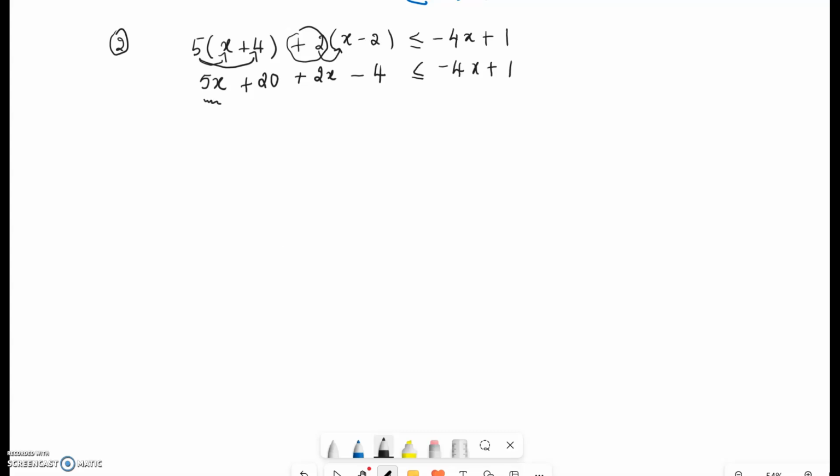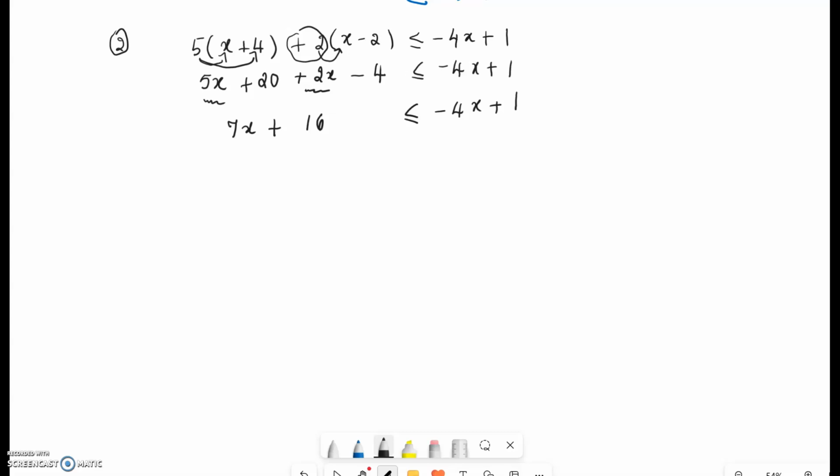Simplify by combining all the x terms, the like terms. 5x plus 2x is 7x. 20 minus 4 is 16, is less than or equal to negative 4x plus 1. Now we have an x term on the right and an x term on the left.